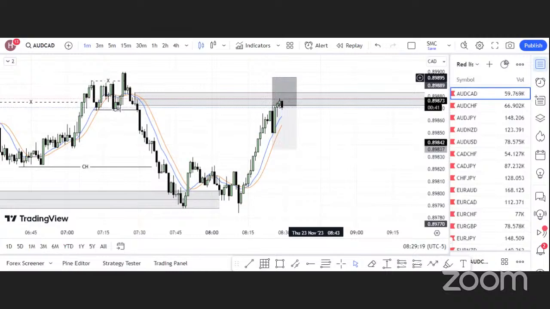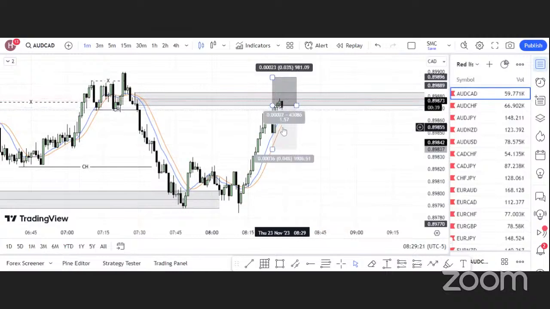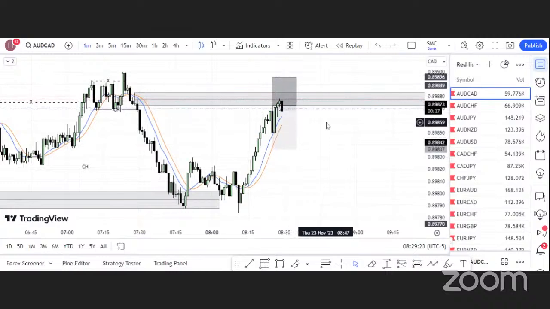So once this goes below and closes below our moving average, then we take a sell trade. All right, so guys, prepare your account, get your account ready, stay on AUDCAD.